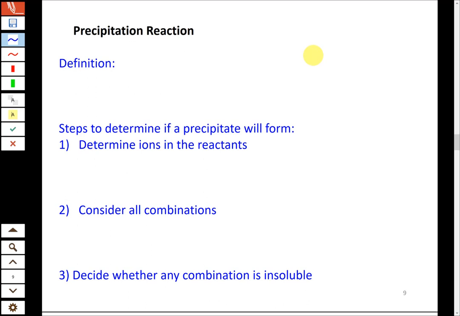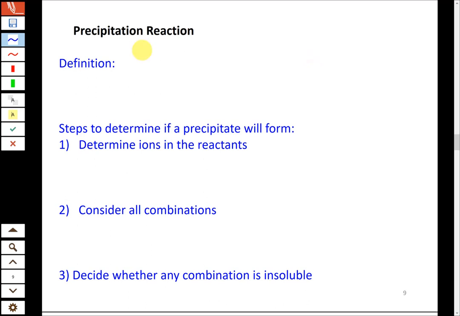So we're going to talk about 3 categories of chemical reactions in aqueous solutions. And the first of those that we're going to start with now is precipitation reactions. Okay? So let's talk about what a precipitation reaction is. What happens in a precipitation reaction is we're taking 2 different solutions. So each reactant is dissolved in a solution of usually water again, and each reactant is soluble in that solution.